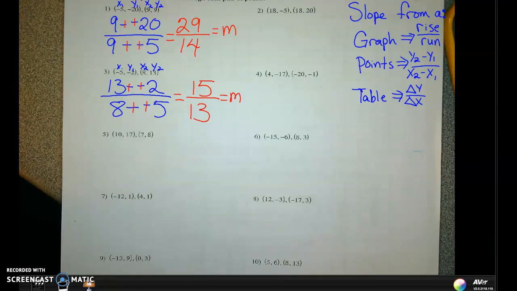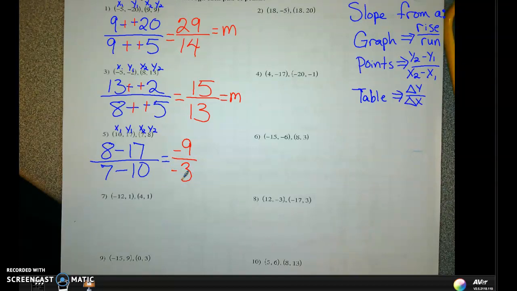Number 5. x1, y1, x2, y2. So it's 8 minus 17 over 7 minus 10. 8 minus 17, that's going to be a negative 9, divided by 7 minus 10, that is a negative 3.